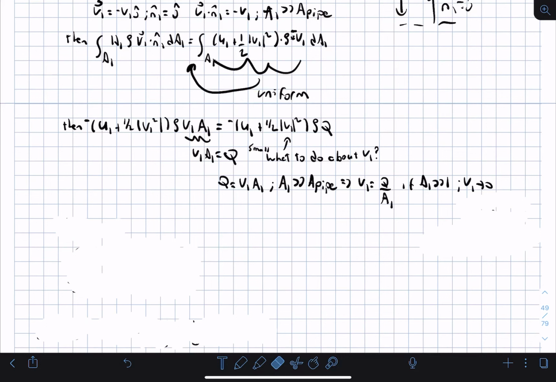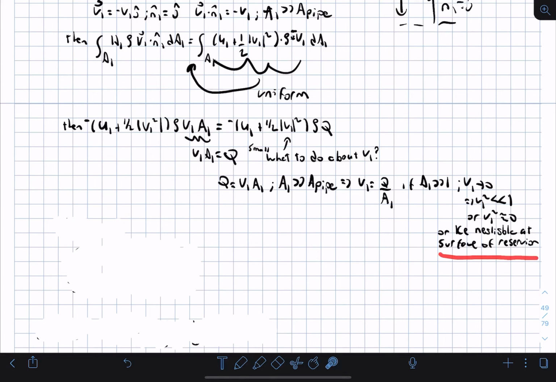And if you take a small number and you square it, it becomes even smaller. And so basically V1 squared becomes extremely tiny. And so this means that the kinetic energy is essentially 0, or essentially negligible. And so basically we could assume that this is small.